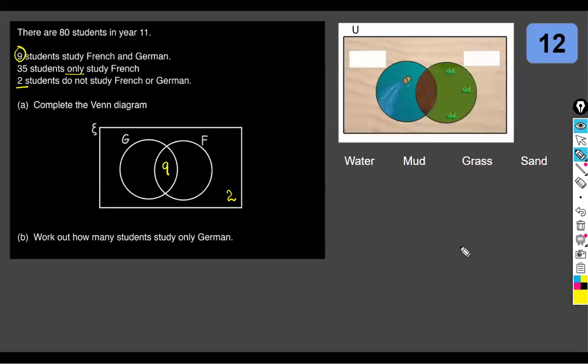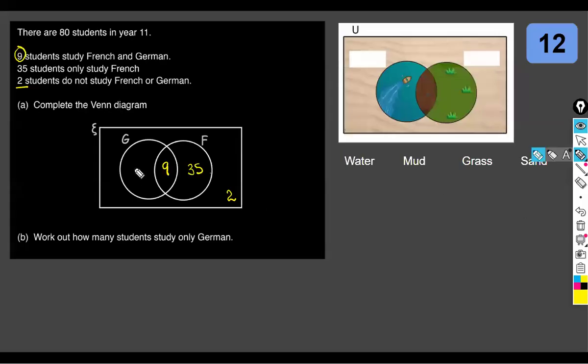If they say only study French, you cannot put that on the outside. If they said study French and left out the word only, fine. But if they say only study French, that 35 goes inside. So you see how different it is already.